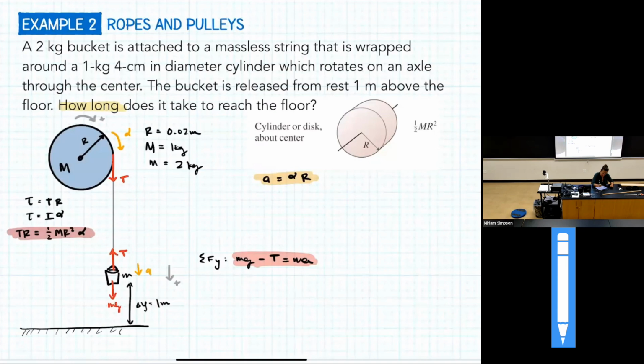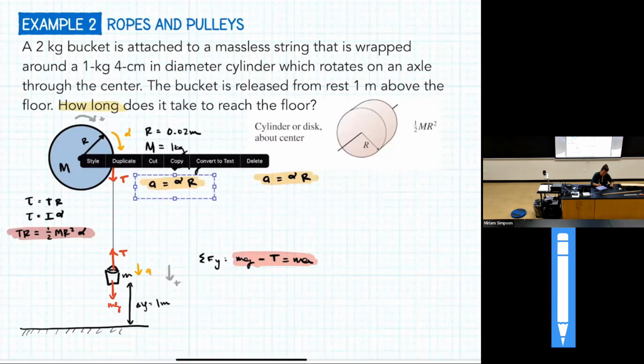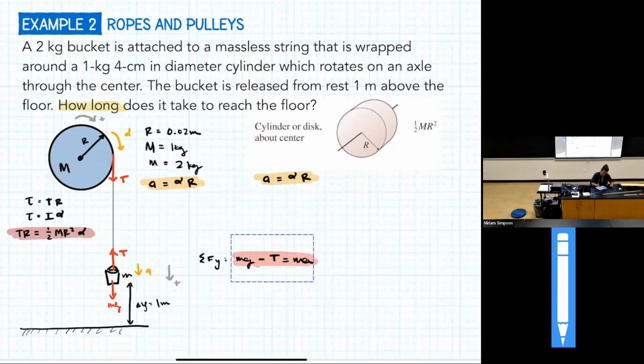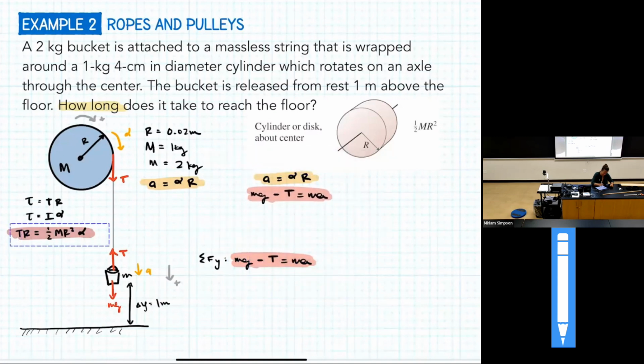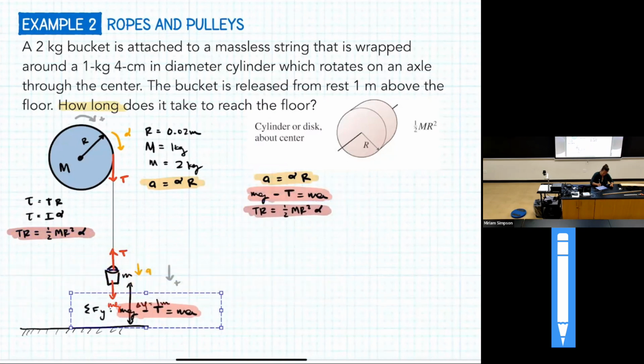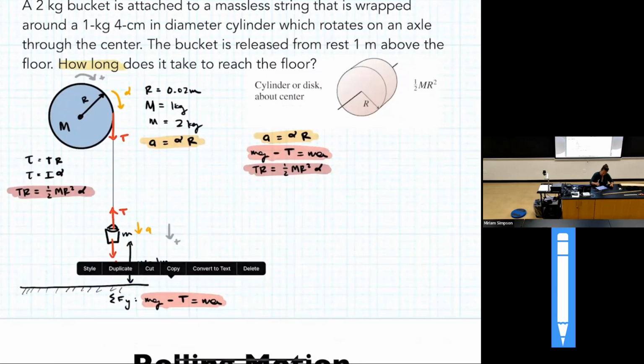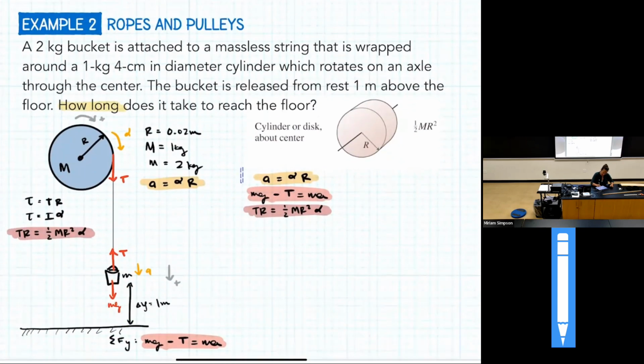I'm going to move them over. I'll move this one over here. So here's our three equations. And we have 3 unknowns. I'm going to move this over here to get it out of the way. Okay. So 3 equations, 3 unknowns.